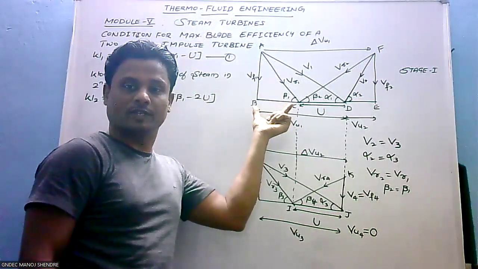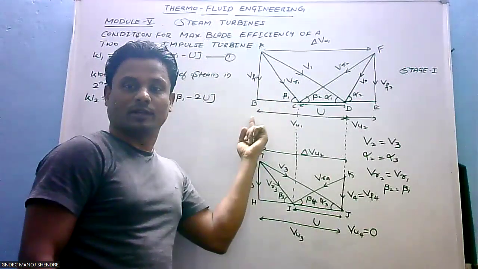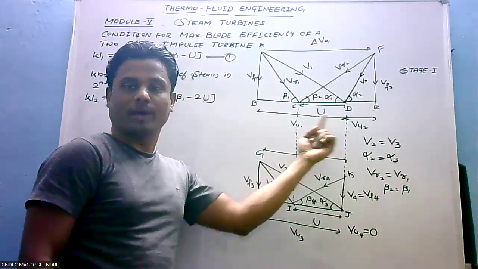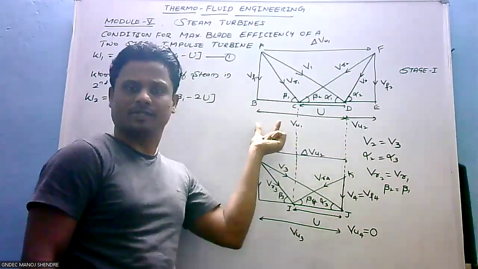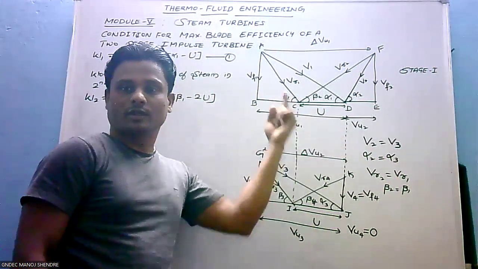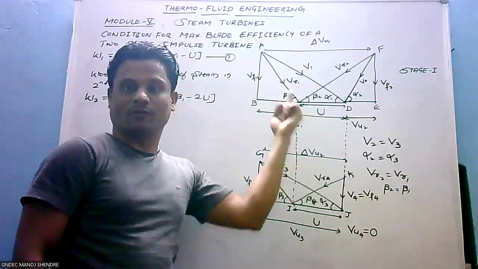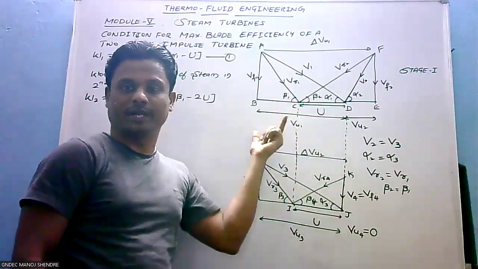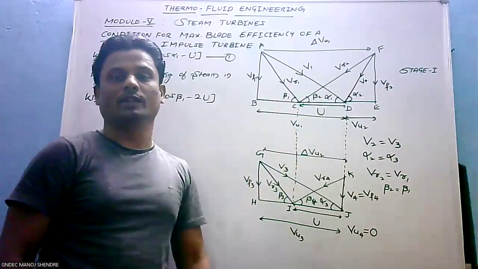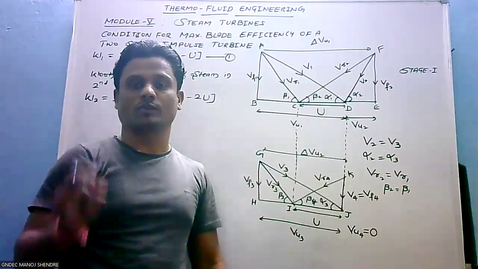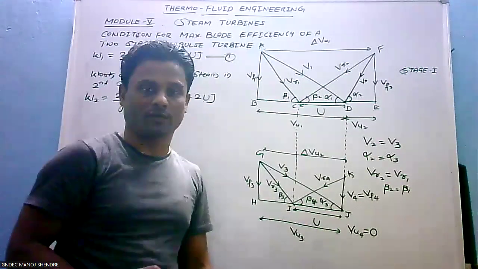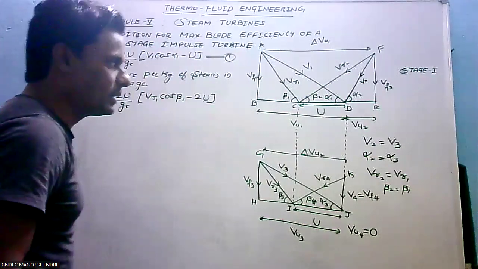VR1 cos beta 1 is BC. And this BC can also be written as BD minus U. BD minus U is BC, right? So BD is how much? How to write BD? V1 cos alpha 1. V1 cos alpha 1 is BD. So BD minus U. Ultimately, we have to write the final equation in terms of V1, U and alpha 1. Right? That is our main motive.